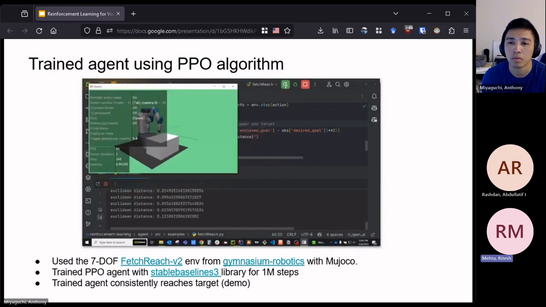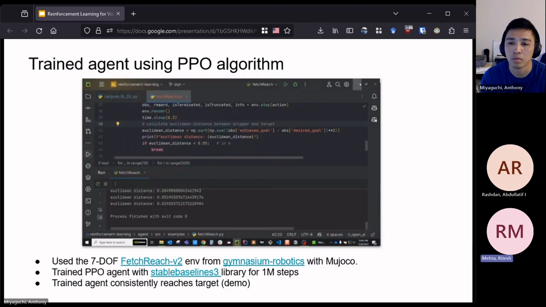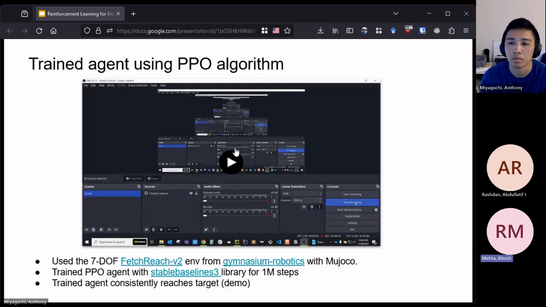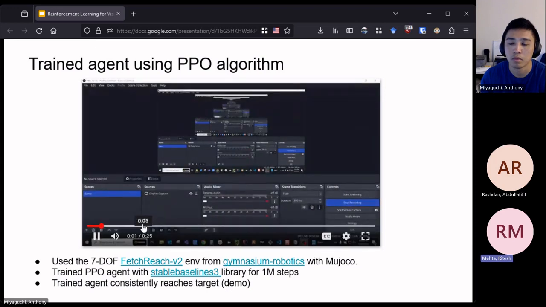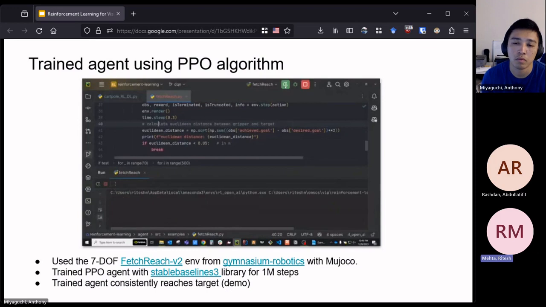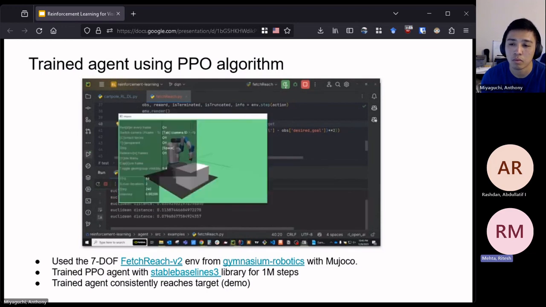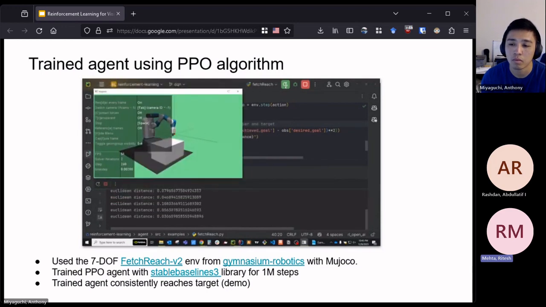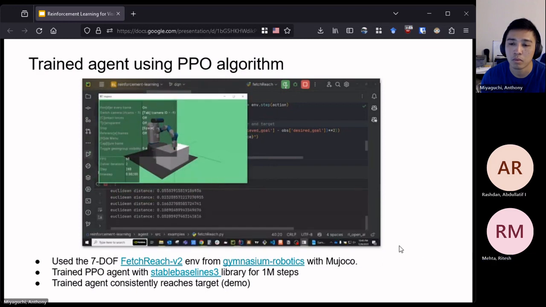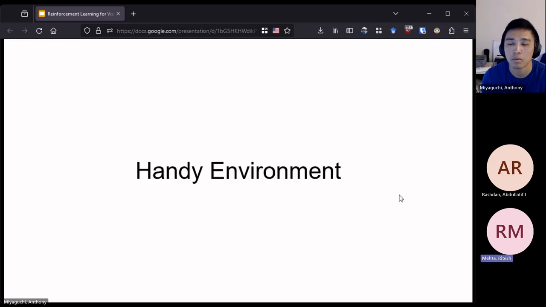This agent was trained on 1 million timesteps, and we used the Stable Baselines 3 library, which has implementations of a bunch of these algorithms, and we used the PPO algorithm from that library to train the agent, and it was consistently able to get to the target every time within a few timesteps. You can go to the next slide. And yeah, that's it from the reinforcement learning side. I'll hand it over to Anthony.